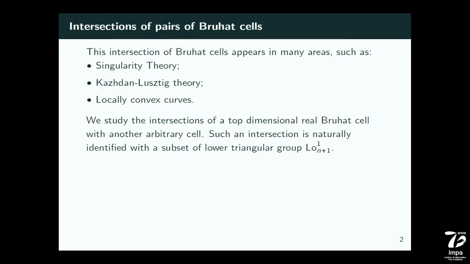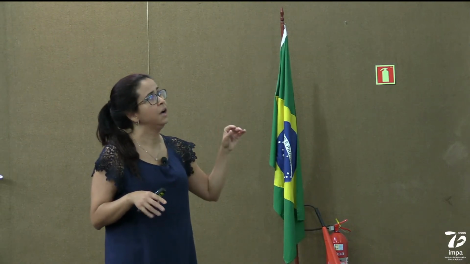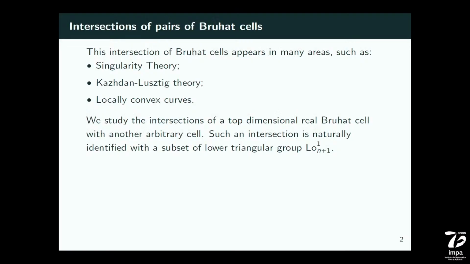In fact, what we are studying is the intersection of a top-dimension Bruhat cell with a cell of any dimension, and these intersections are a subset of the lower triangular group. I will explain in five or ten minutes why these intersections are like that and why they are a subset of the lower group.